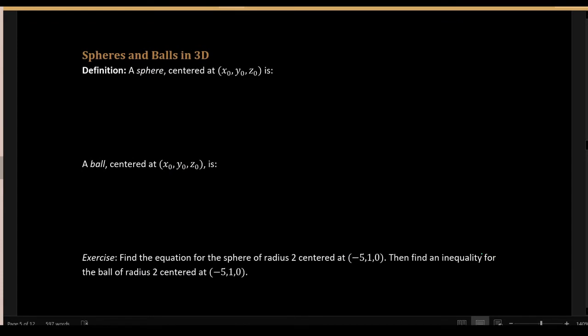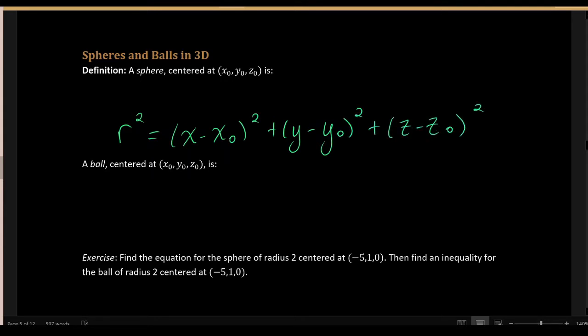Taking that exercise and generalizing it, we can get a general formula for the equation of a sphere centered at x naught, y naught, z naught. All the points in the sphere satisfy the equation: the radius squared is equal to x minus the x of the center squared, plus y minus the y of the center squared, plus z minus the z of the center squared.